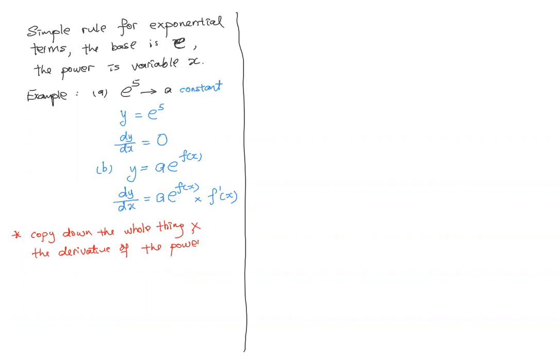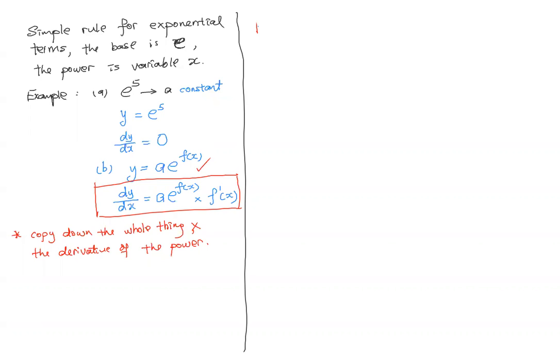The power can be anything. So this is the second simple rule, for exponential terms. When you talk about exponential terms, it's exactly like indices. You have to remember all your indices formulas to simplify.